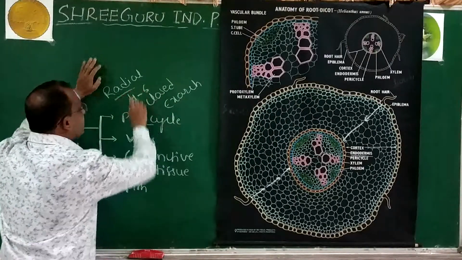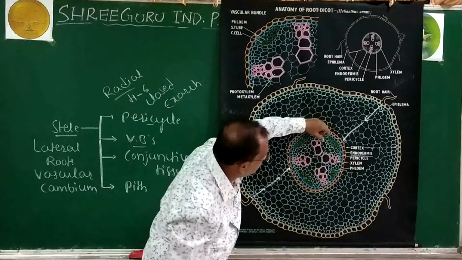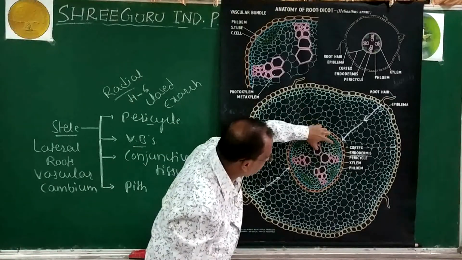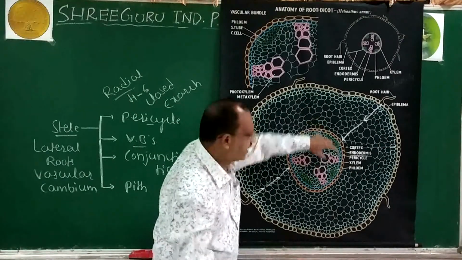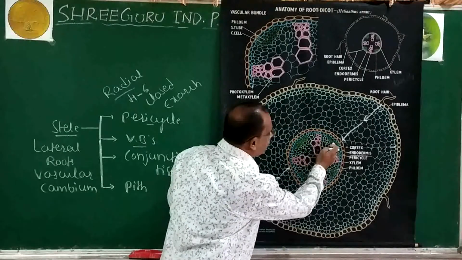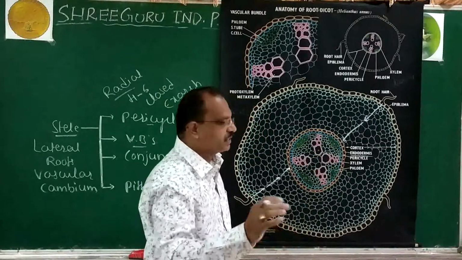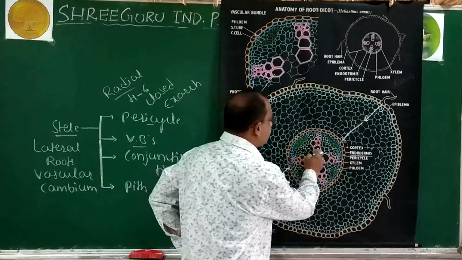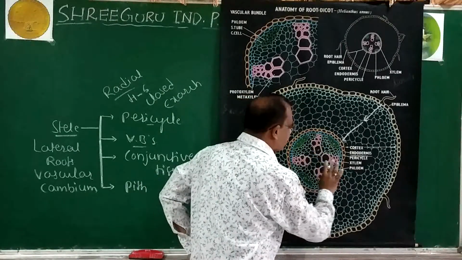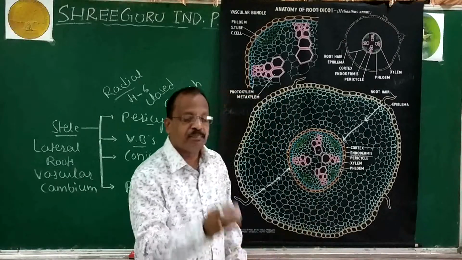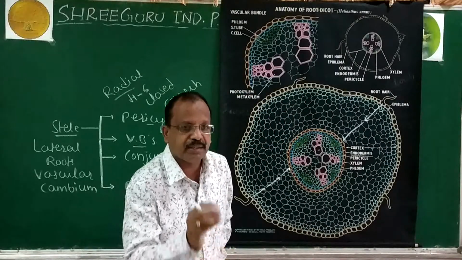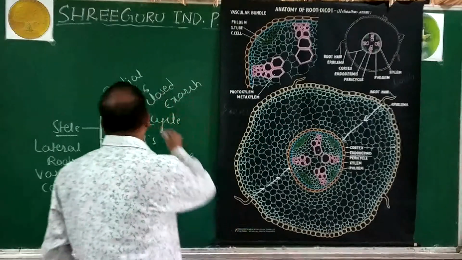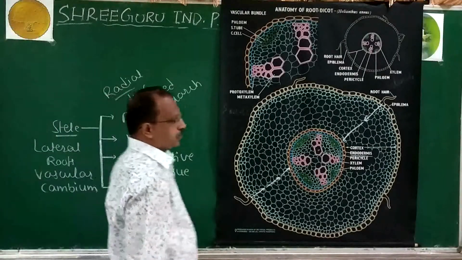Look over here, radial. In radial vascular bundles, xylem and phloem lie side by side, alternating with each other, or they lie on different radii. Tetrarch to hexarch.